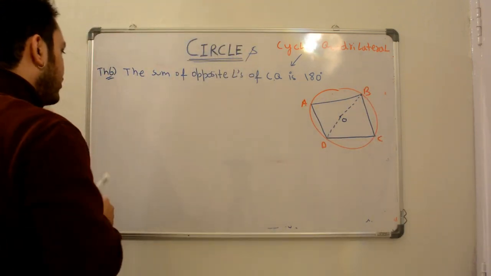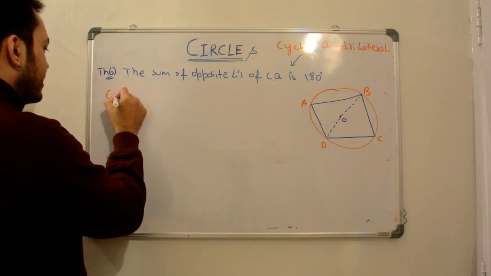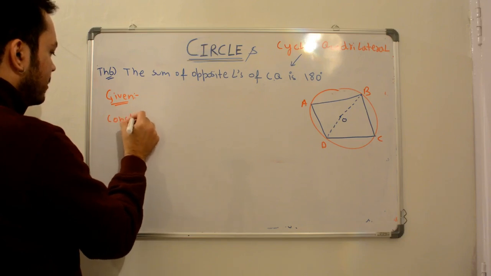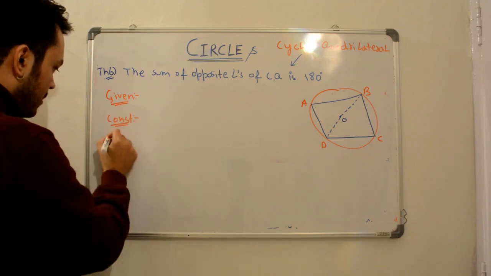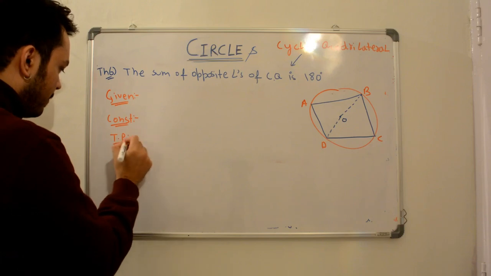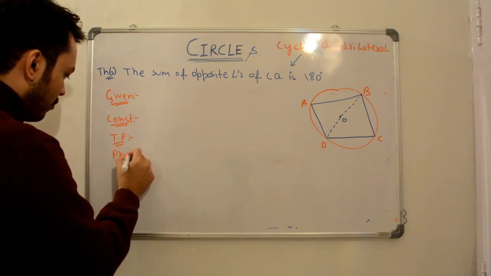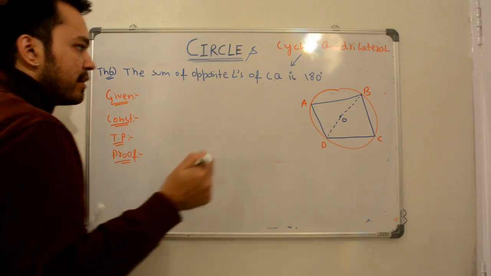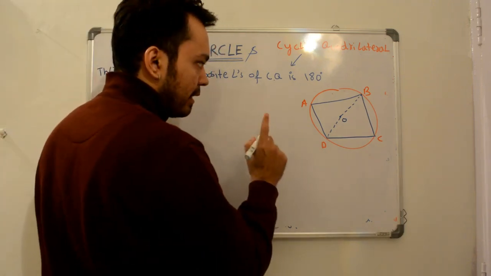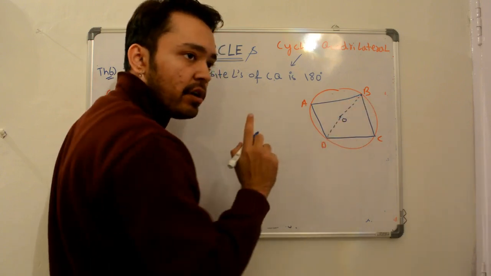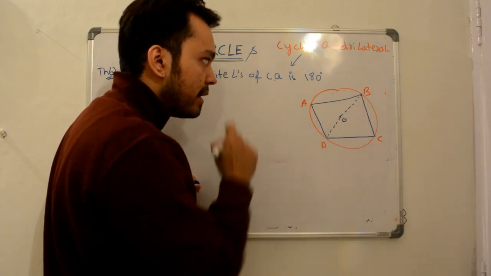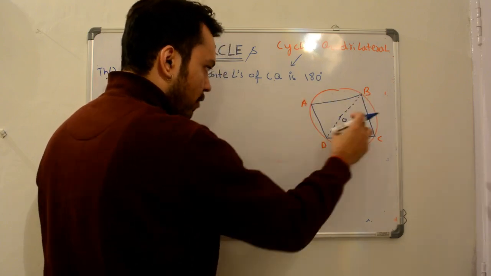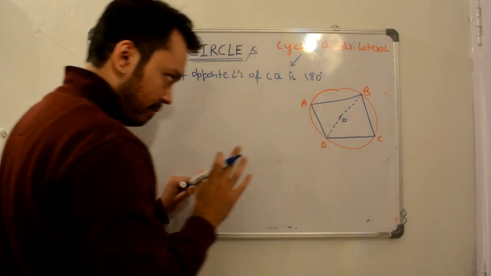Clear? So first of all we'll write what is given to us. Then we'll write what is the need of construction. Then we'll write to prove, and then we'll finally come to proof. Now please note one thing, that BD is not the diagonal of the quadrilateral, right? BO is a different line segment, sorry, and OD is a different line segment.